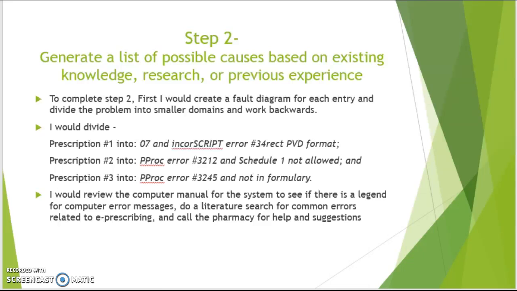I assume that's telling me what it's documenting, the procedure errors, and then that one says not in formulary. Since I'm a nurse practitioner, I'm making an assumption here that prescription number two was for a Schedule 1 drug, and those you cannot send electronically, but I don't know that because this is not a real situation.